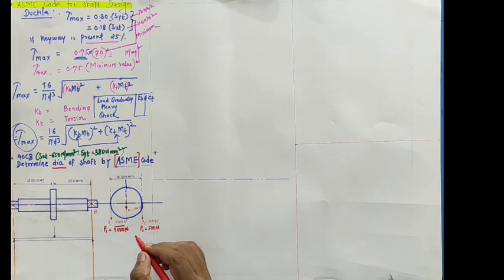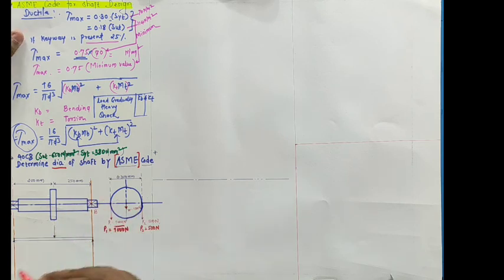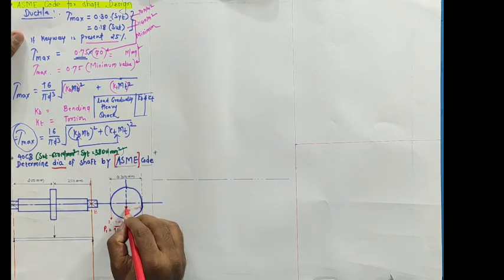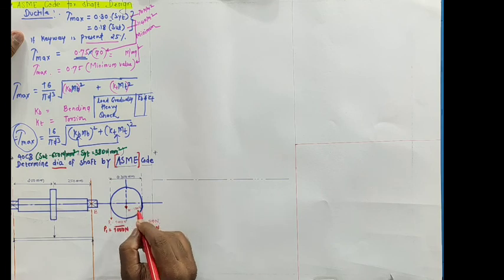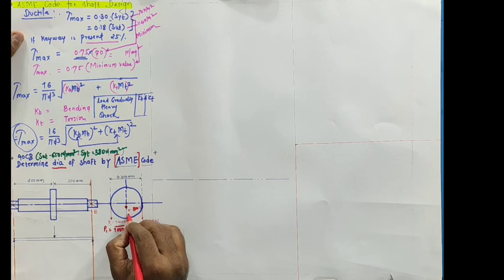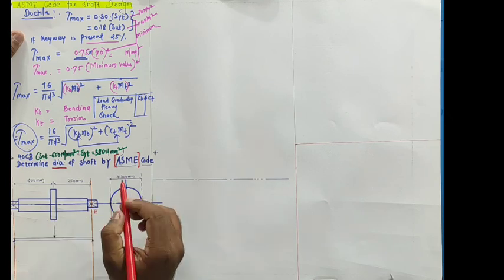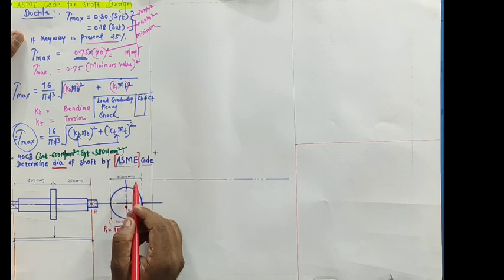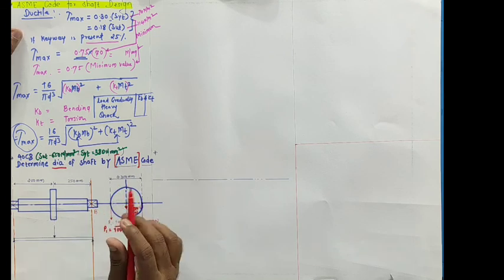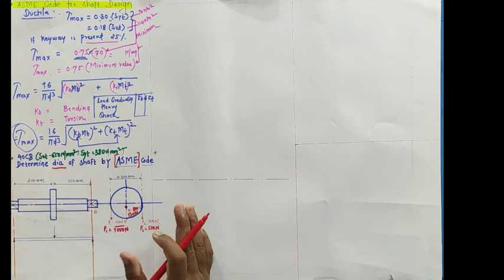In earlier numericals we had to calculate these, but here they have given them, no issue. The self weight of the pulley is 130 Newton, so weight is equal to 130 Newton. The diameter of the pulley is 300 mm, which means its radius is 150. So likewise the structure is given.